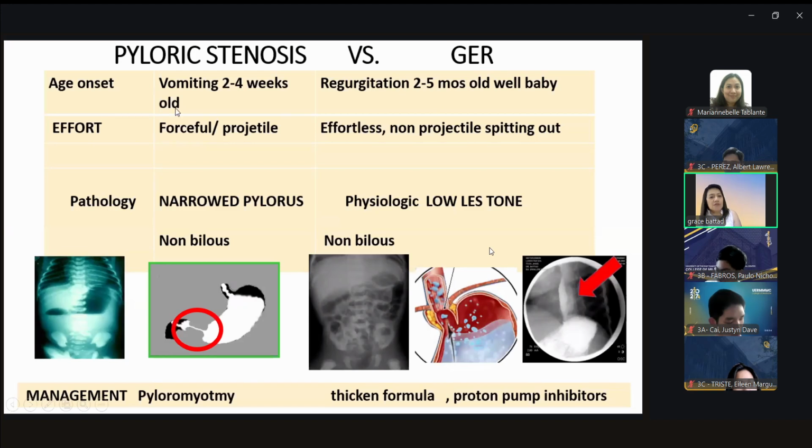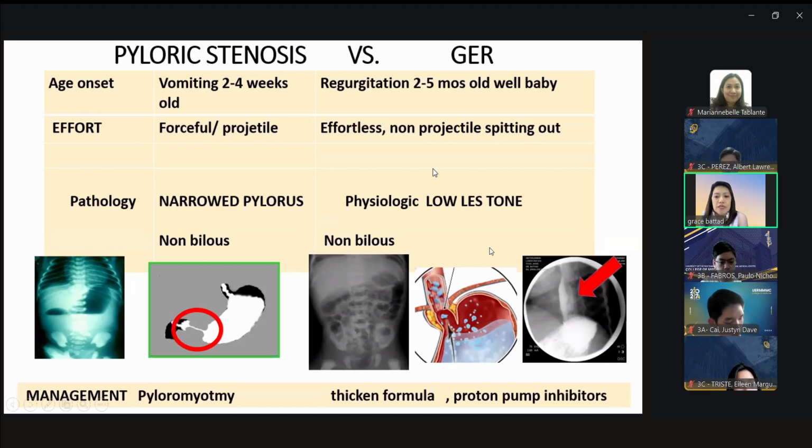In pyloric stenosis, you might have a baby who is not thriving. The vomiting is forceful and projectile. Here, it is non-projectile and spitting out. So these are the ones that need to be burped. These are the ones with severe spitting up. And the pathology, you have a narrowed pylorus there. That's why you have non-bilious vomiting.